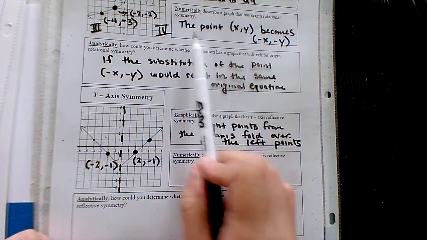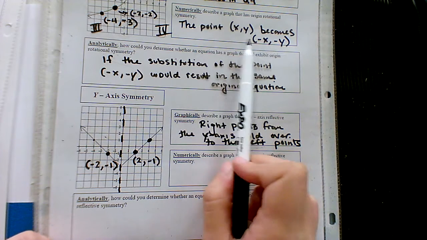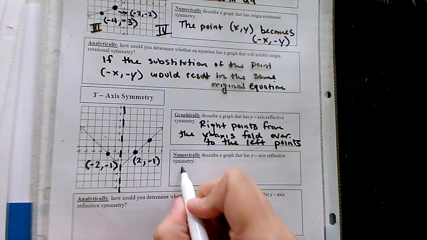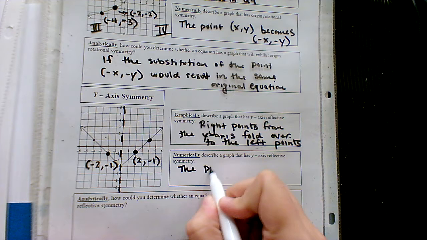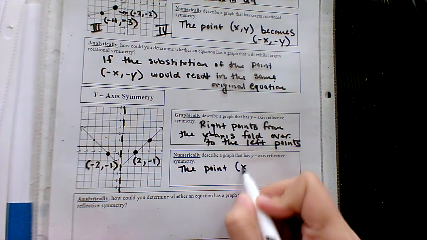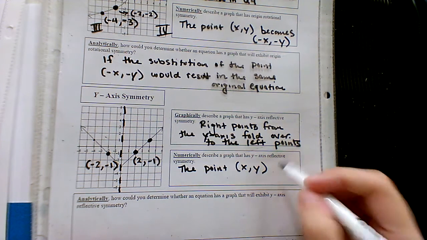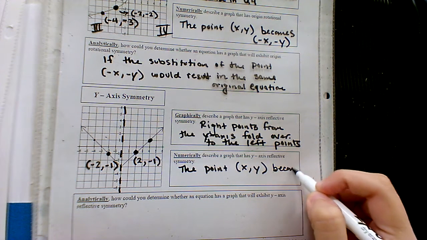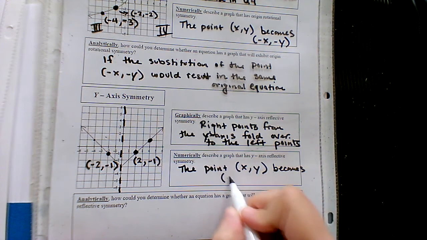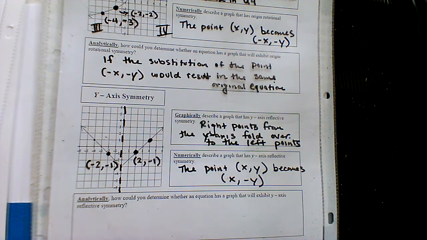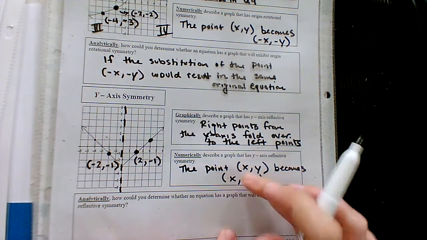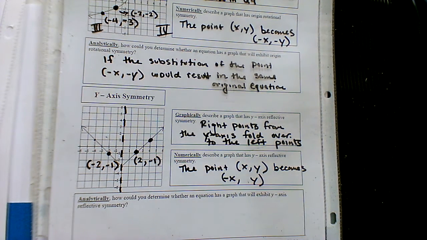So very similar to how we stated our point relationship for origin symmetry, we'll say something down here as well. So the point x comma y, whatever x value you start with and whatever y value you start with, becomes negative x comma y.